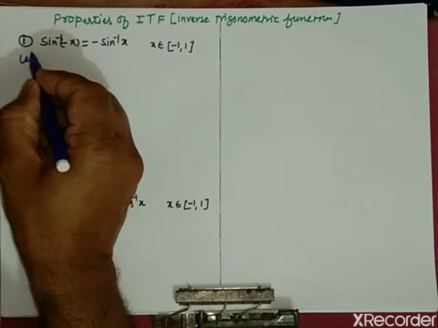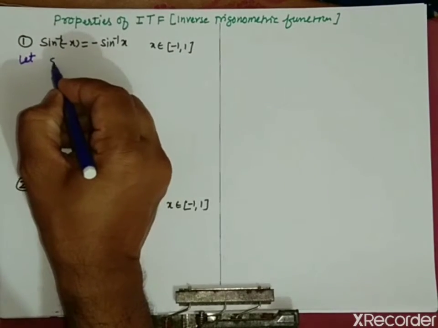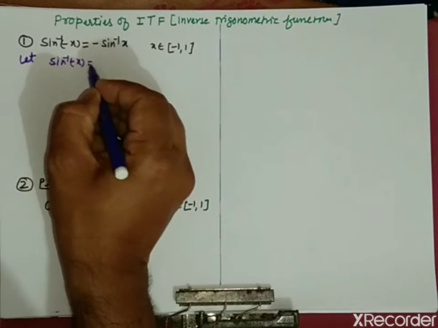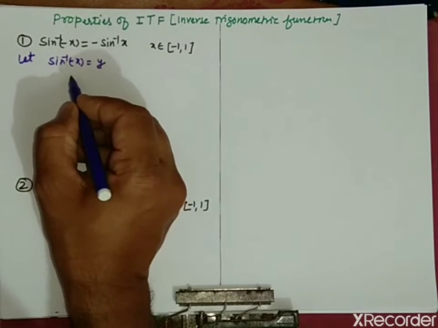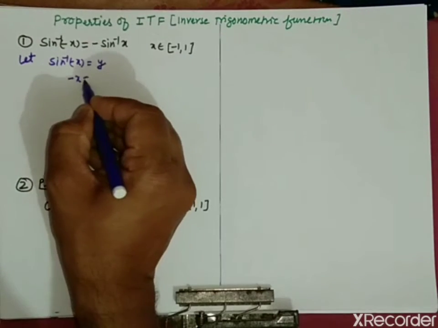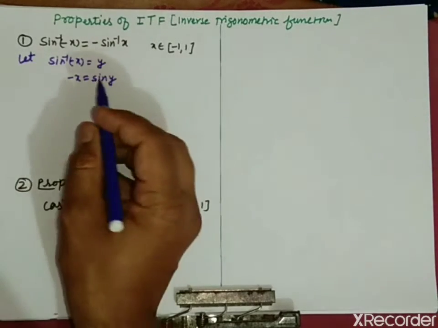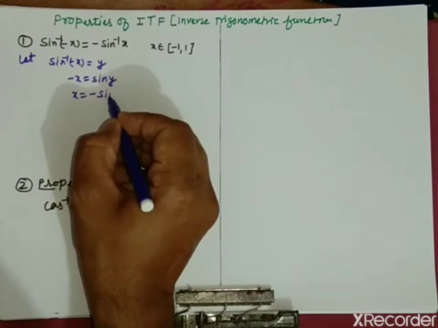For that, we are letting first of all sine inverse minus x is equal to y, and we can write it as minus x is equal to sine y. Clear? Also x is equal to minus sine y.